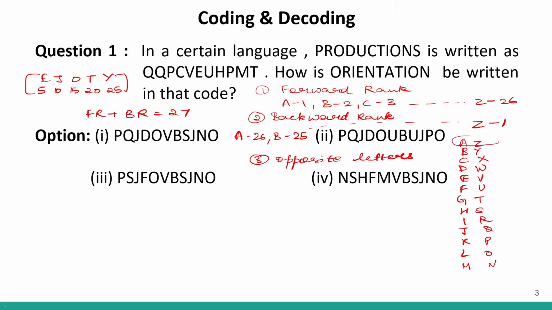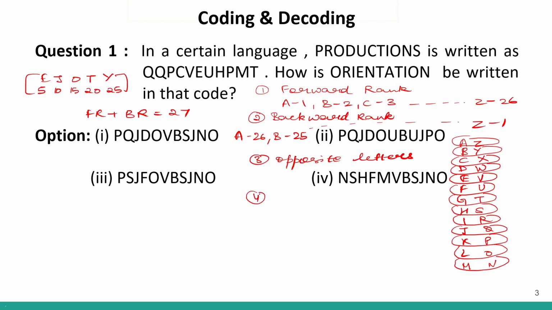A is opposite to Z, B is opposite to Y, C is opposite to X, D is opposite to W, E is opposite to V, F is opposite to U, G is opposite to T, H is opposite to S, I is opposite to R, J is opposite to Q, K is opposite to P, L is opposite to O, and M is opposite to N. So this is the concept of opposite letters.